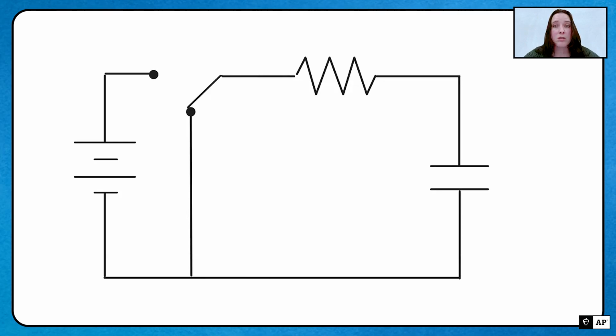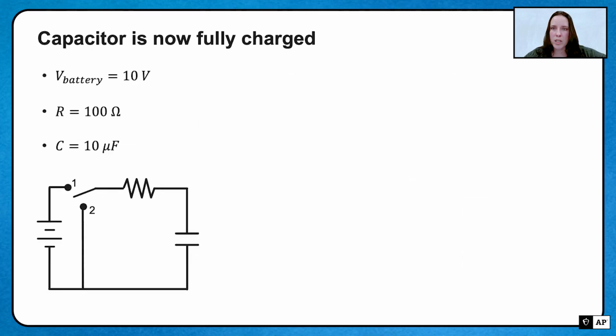Charges aren't moving. There's nowhere for them to go. So that means what initially started as a current out of your capacitor through your resistor decays to 0 as you run out of charges to push back the other way. So now we have a fully charged capacitor.